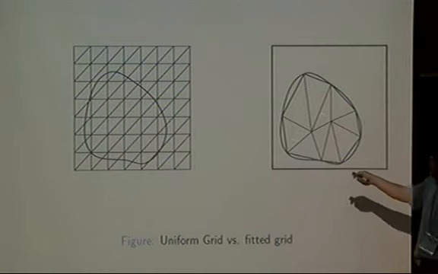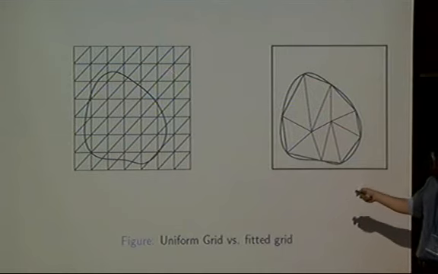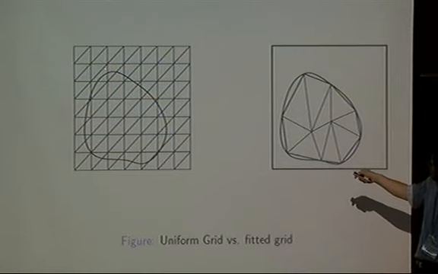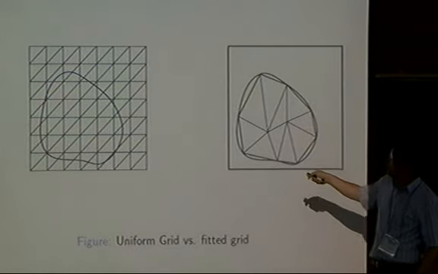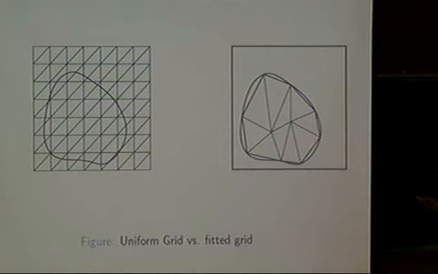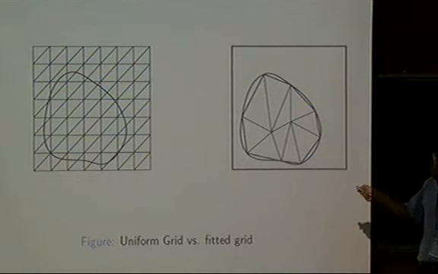But in here, I have a uniform grid. This triangle is called an element in finite element, and it is not allowed that an interface passes through the inside of an element in the usual finite element method, because it causes a huge error. So this is a prohibited situation, and this is okay.